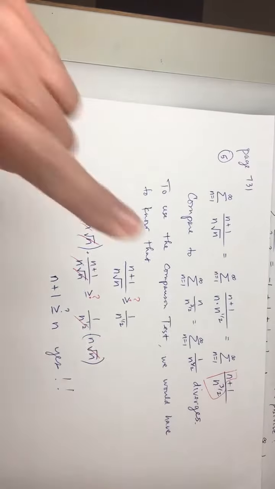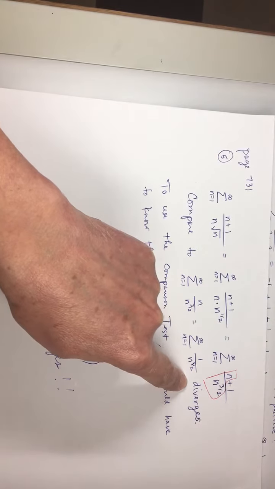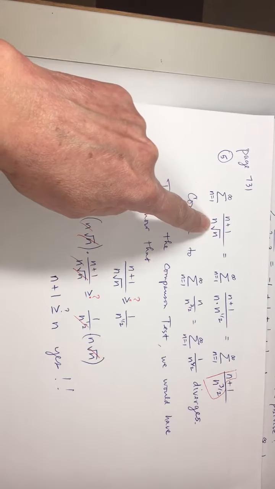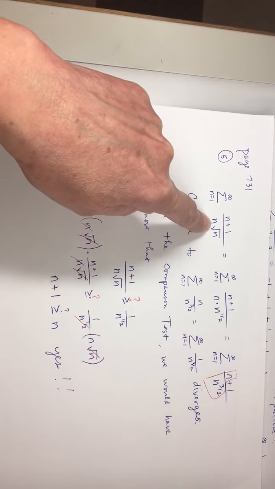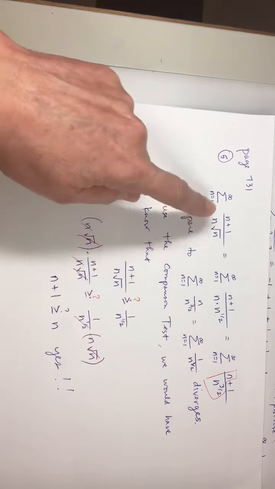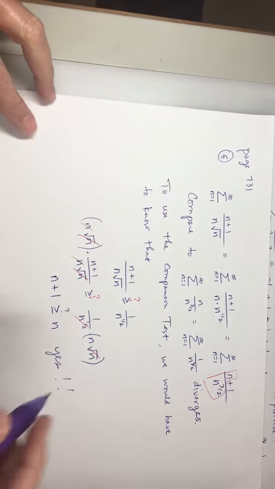Because the one I'm using to compare it to diverges, I know that if the A sub n's are greater than or equal to the B sub n's over here, and they are, then the one I'm looking at also diverges.